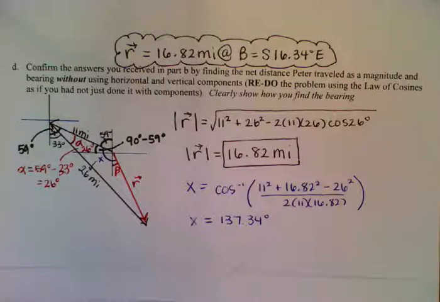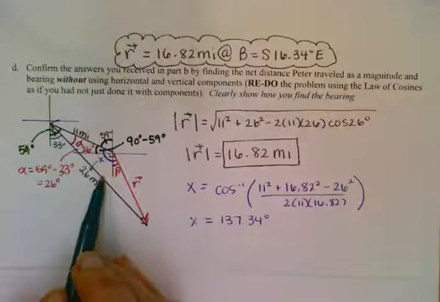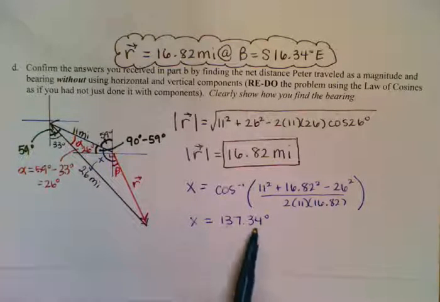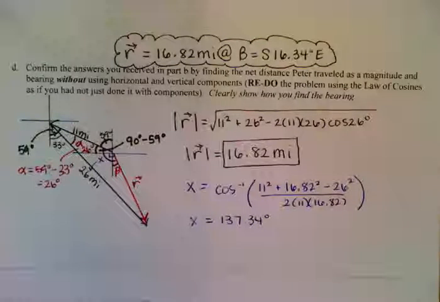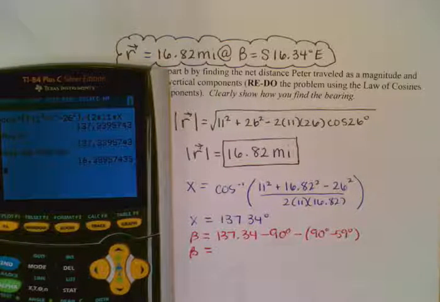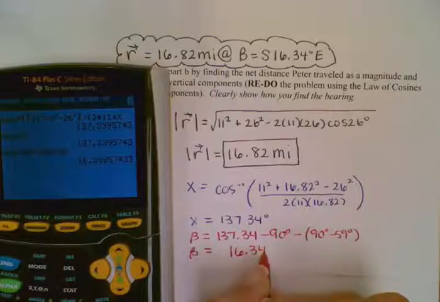And so then we can subtract that off as well as that 90. So we can subtract that 90, this 90 minus 59 from our 137.34, and we're going to be left with our bearing. And as you can see on the calculator, we sure do. So we get that 16.34 degrees.